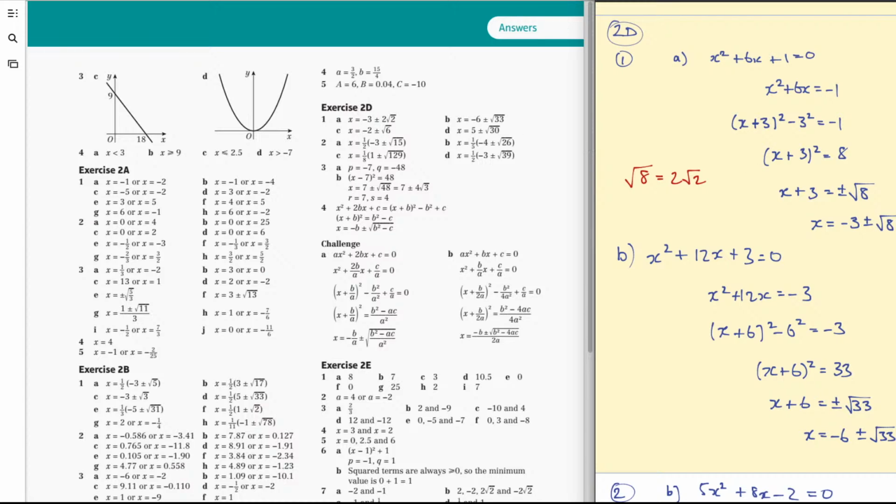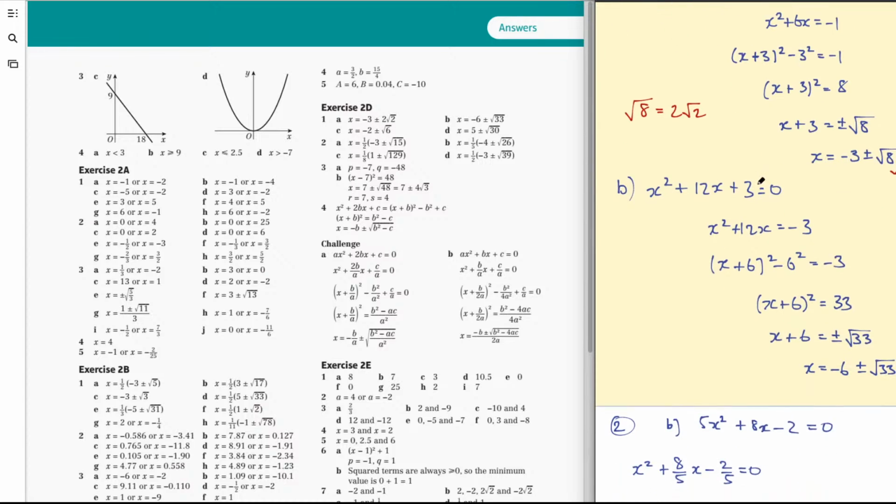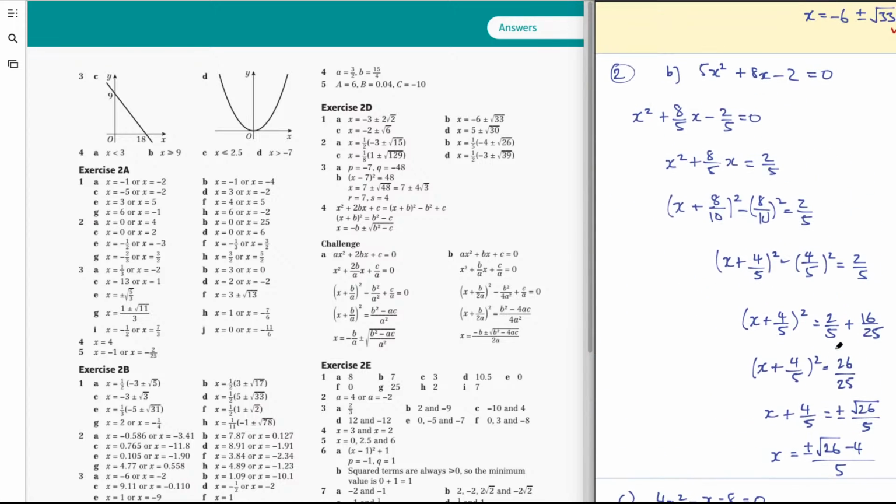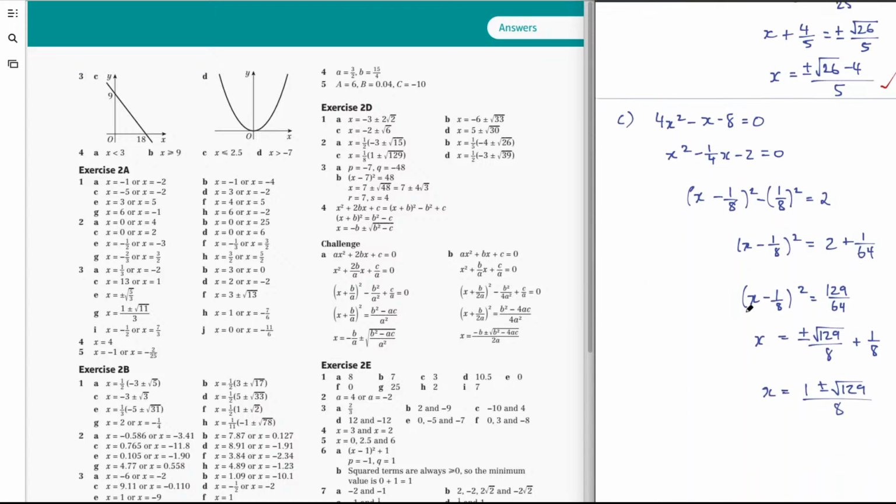So I didn't fully simplify there. I'm still going to give myself the correct mark, but I guess you should always fully simplify if possible. B is -6 plus or minus root 33. 2b was a fifth, -4 plus or minus root 26. That's a different way of writing that, so that's fine. I think either way of writing that is fine.